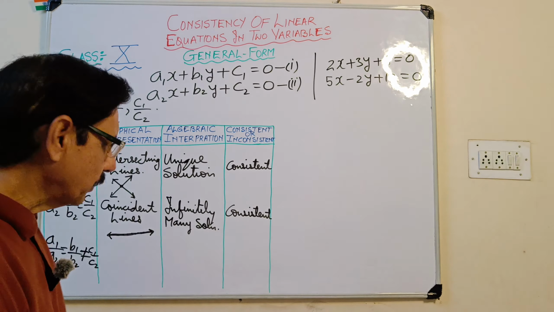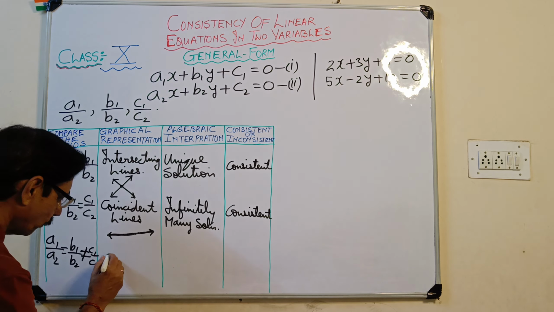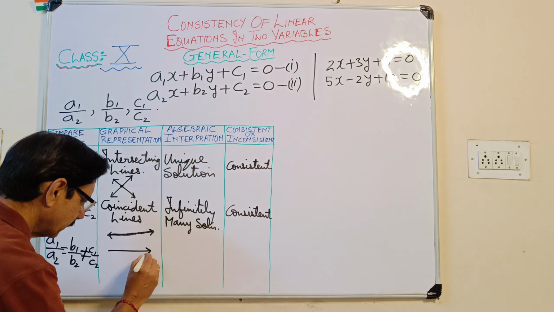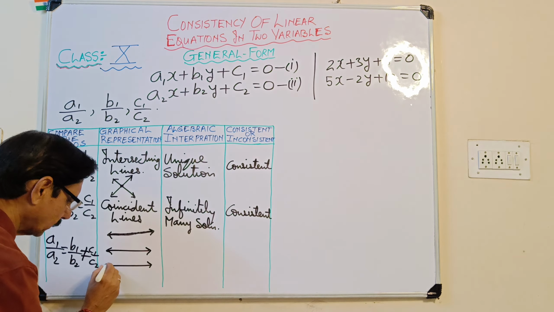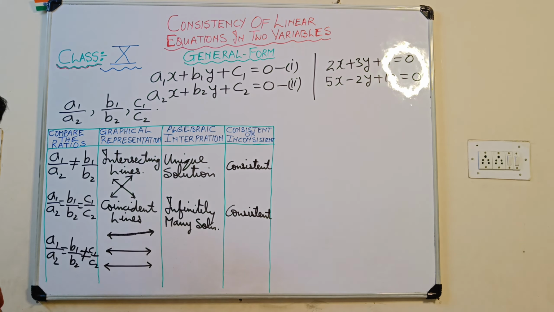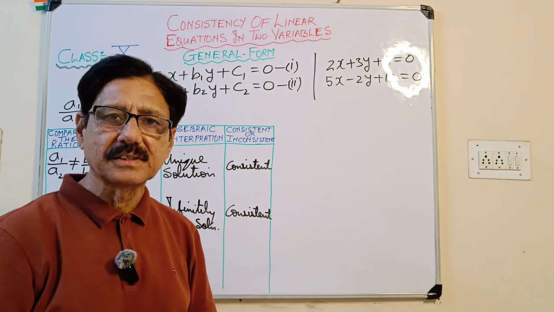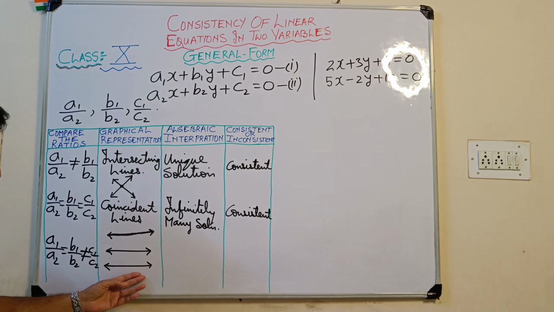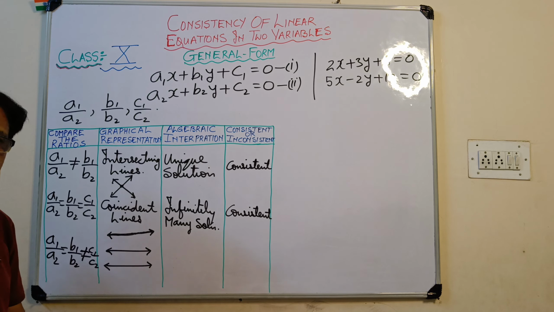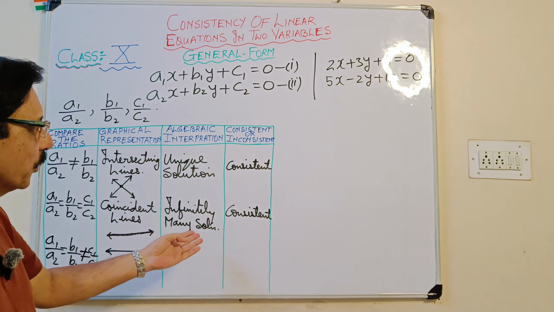Then in graphical representation, what sort of lines will you get? Parallel lines. Both the lines will be parallel to each other. Parallel means they will never cut each other, and when they never cut each other, there will be no solution.